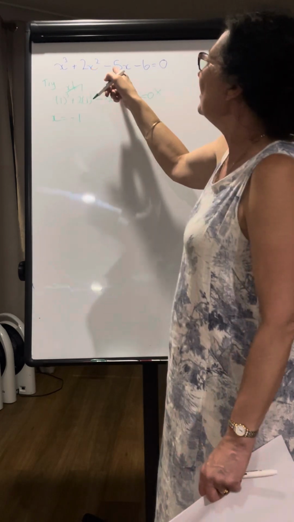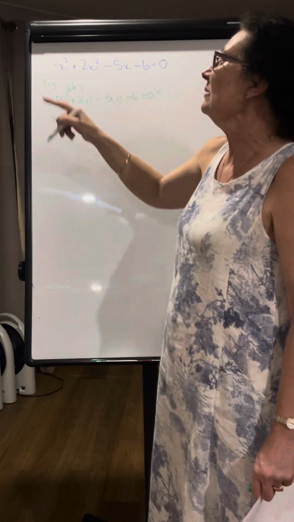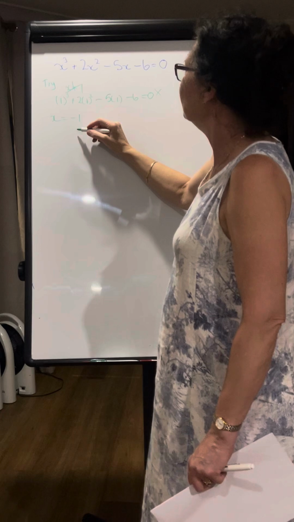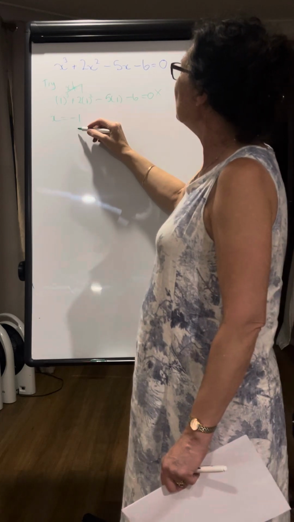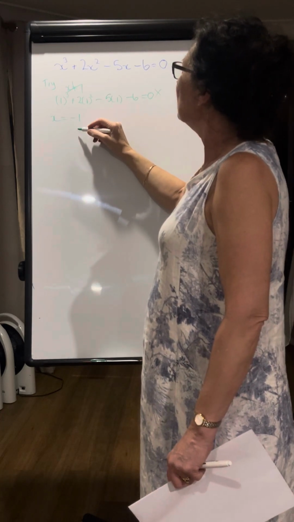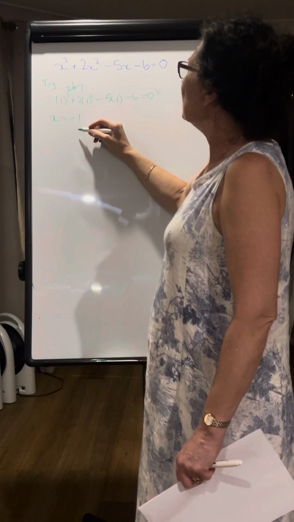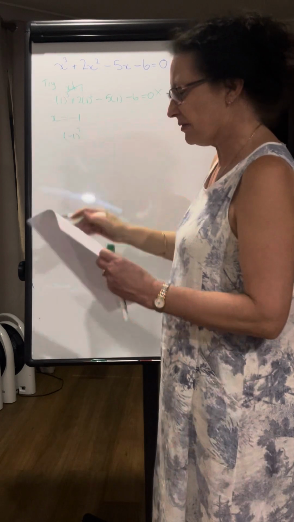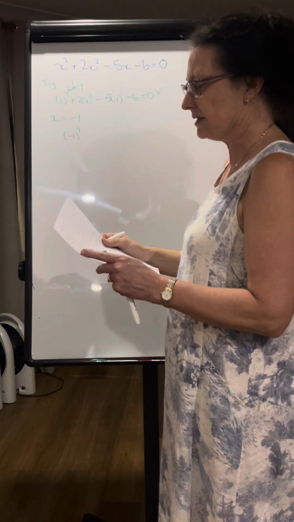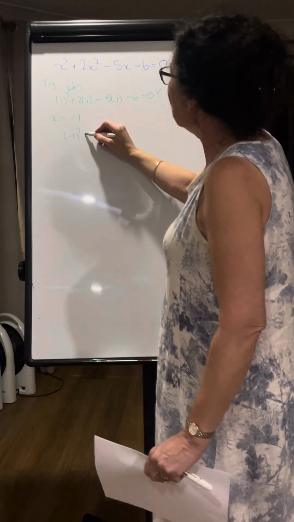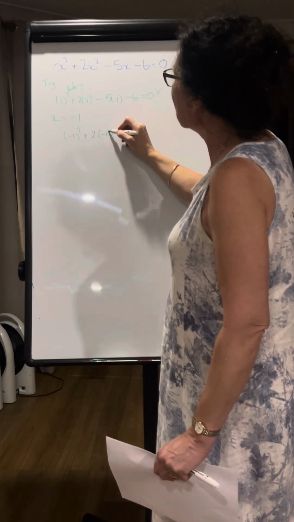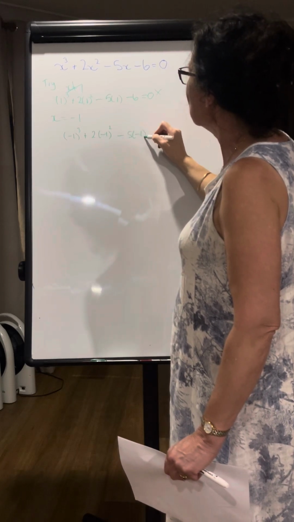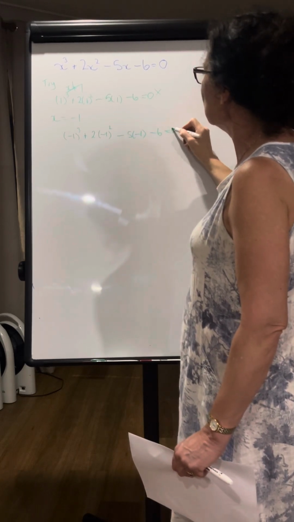Because you've got a few pluses and minuses, let's have a look. Let's try minus 1. So I get minus 1 cubed plus 2 times minus 1 squared minus 5 times minus 1 minus 6 equals 0.